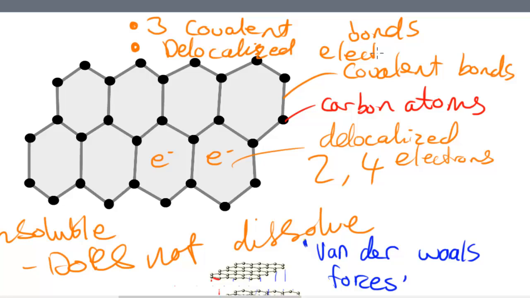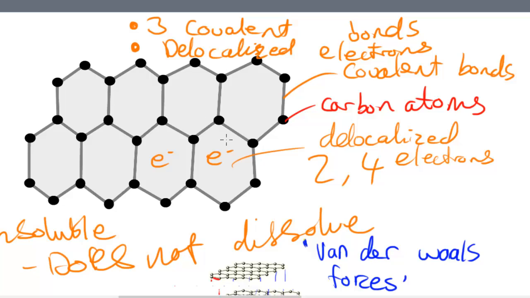And if you're familiar with the structure of benzene, benzene is a very stable cyclic molecule, and the reason for this is because it has delocalized electrons, and graphite also has delocalized electrons. And because of those delocalized electrons, the structure is very stable.